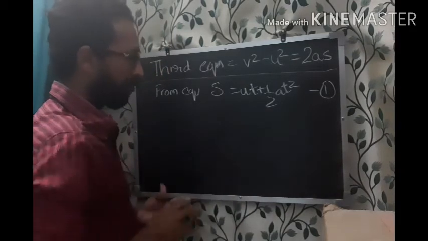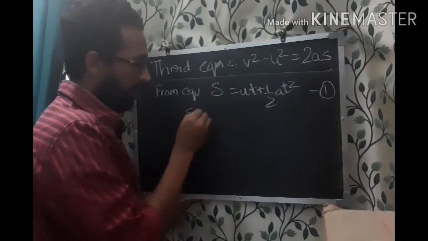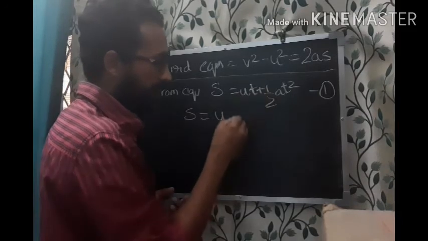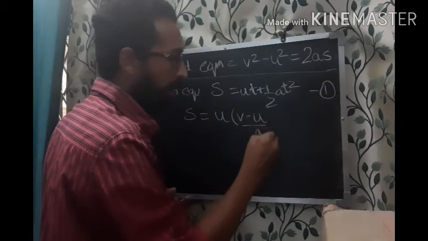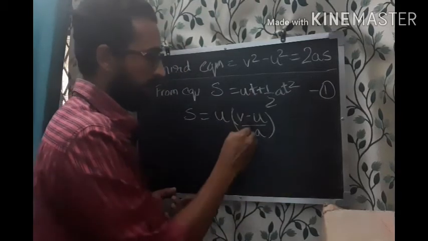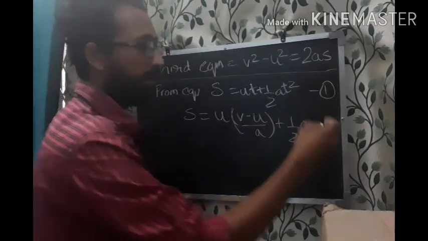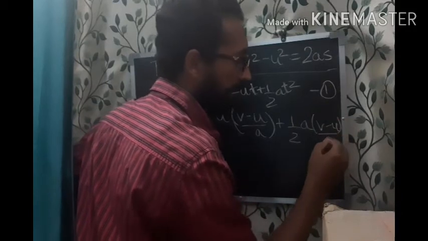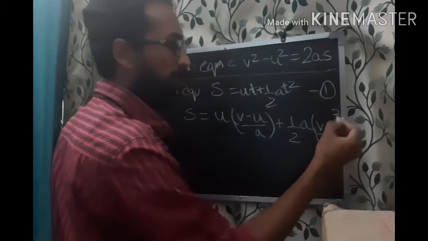So the equation changes to S is equal to u, instead of t I will write v minus u upon a, plus half a, and here also v minus u upon a, and there is a square also, v minus u upon a, the whole square.